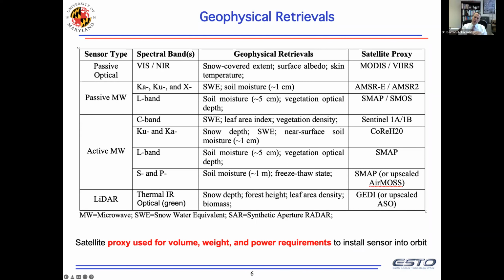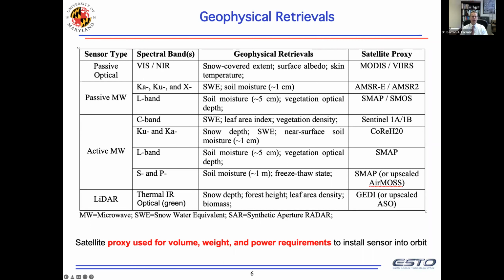Or maybe we could use a series of smaller, lower accuracy CubeSats, which requires a smaller, cheaper rocket in order to install these sensors into space. And so we were able to use some of these proxies and upscale as needed for some of these cost estimate calculations. So we've got a sophisticated land surface modeling system.